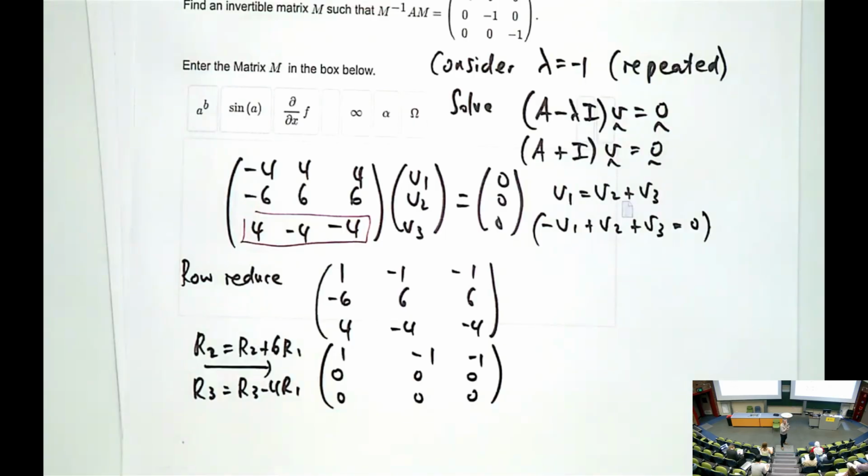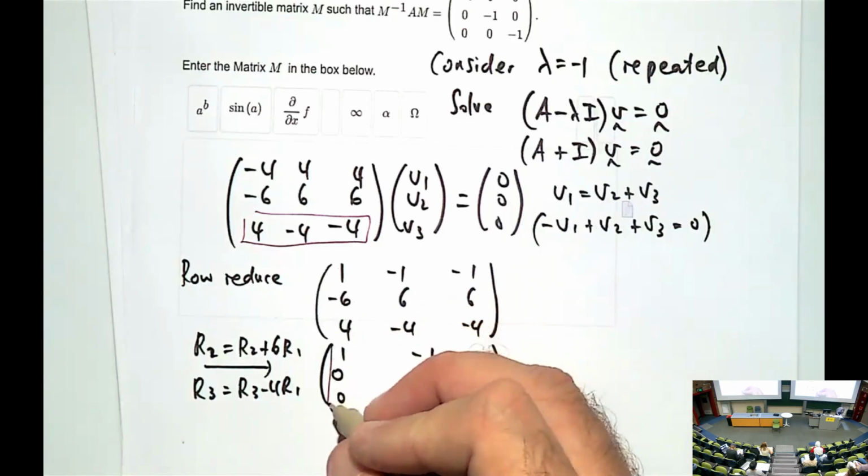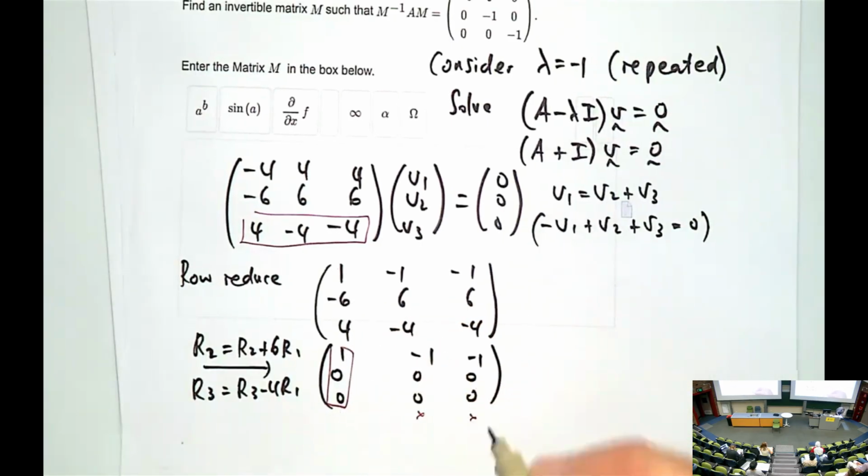So what do I do now? I've forgotten. Well, look for the leading rows and the leading columns. That's a leading column. These ones are not. So I'm going to introduce two parameters, say mu and lambda.